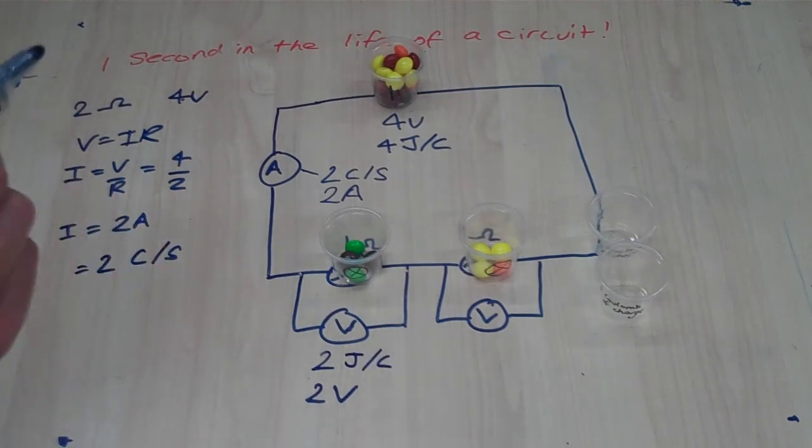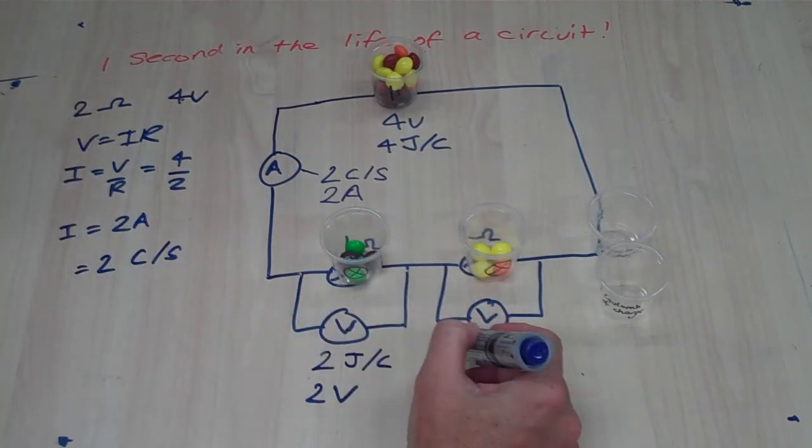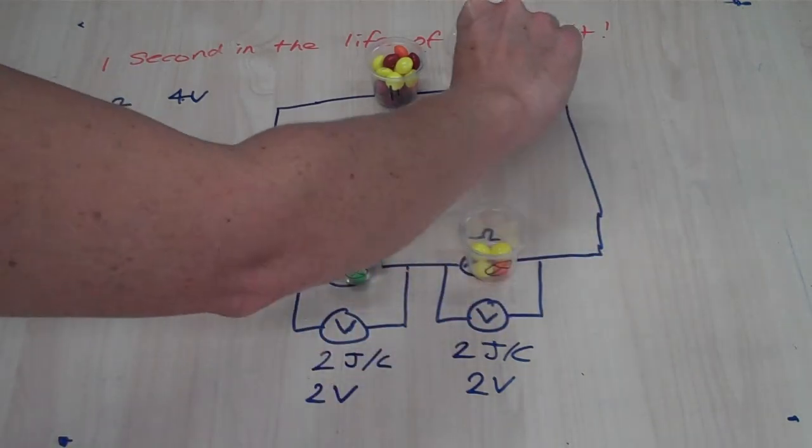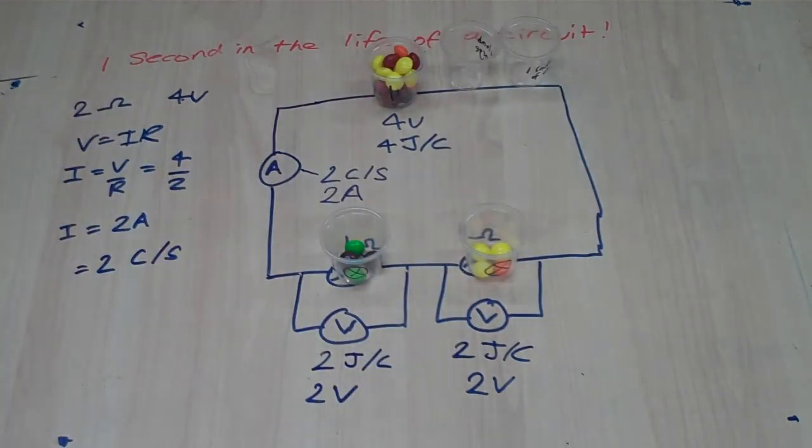So again, with both voltmeters, 2 joules per coulomb of energy was transferred, so 2 volts for each of those lamps. Those cups then return to the battery, and that would carry on again the same in the next second in the life of the circuit.